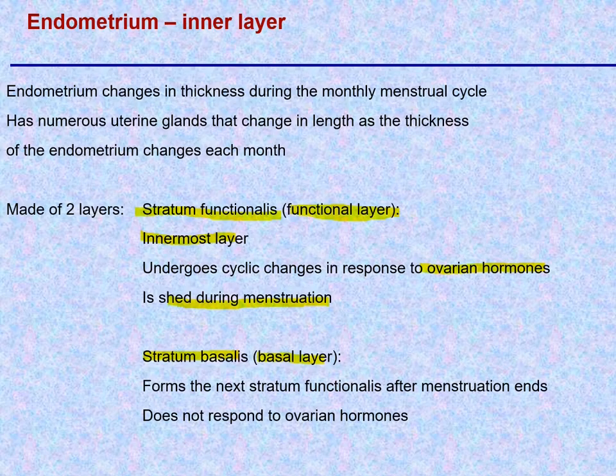The stratum basalis is the layer that gives rise to each newly forming functional layer. So when menstruation ends, the stratum basalis starts to undergo cell proliferation to form a new stratum functionalis.